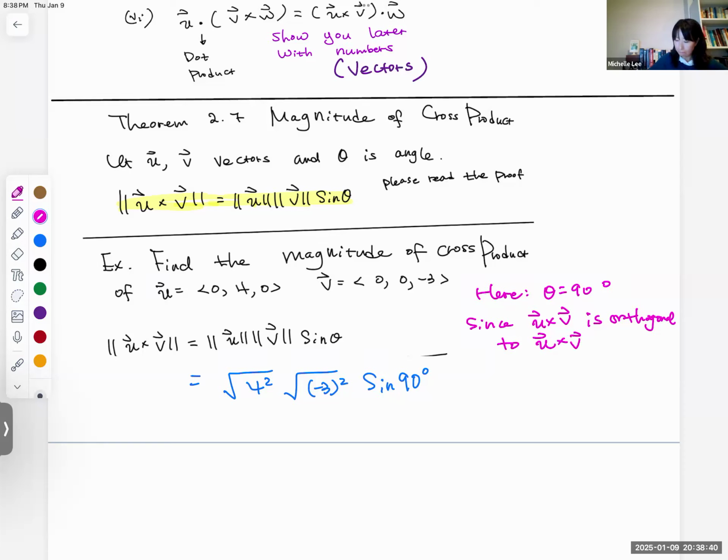All right. So what is the sine of 90 degrees? It's 1. Good job. So we get 4 times 3 times 1. So we have 12. Make sense?